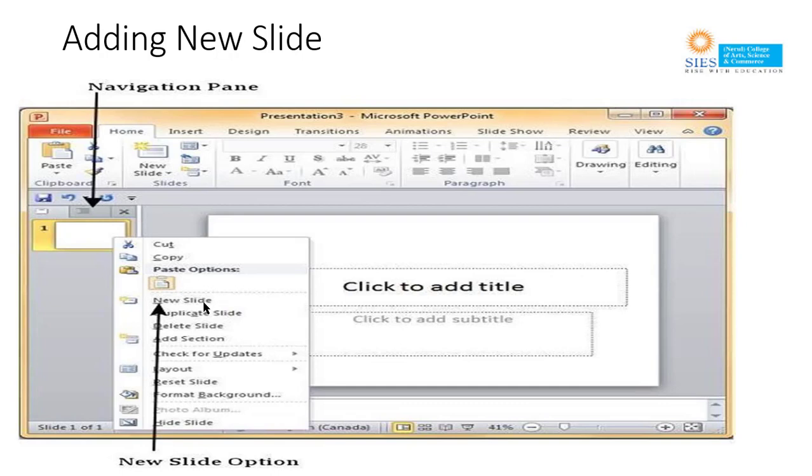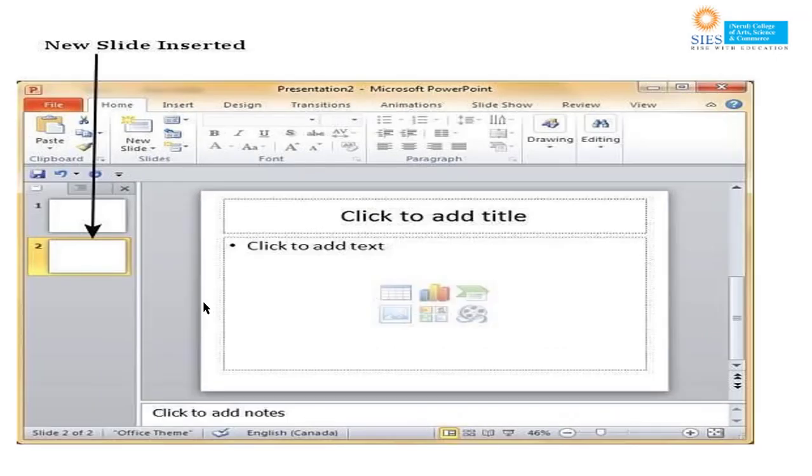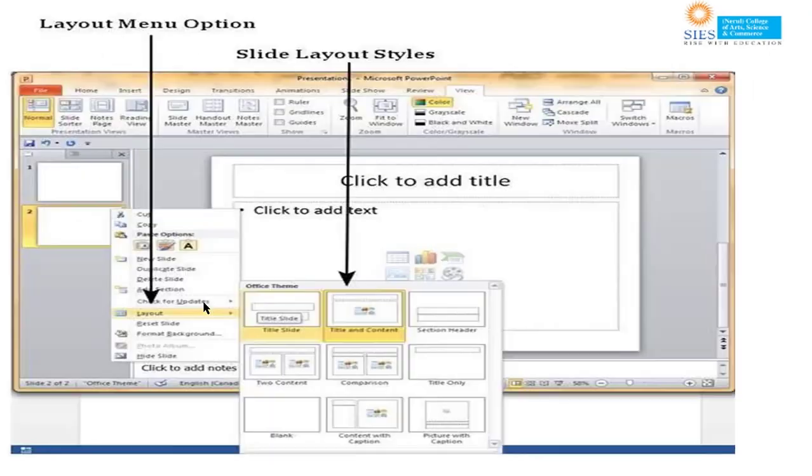You will also notice that if you right click in the first step without selecting any slide, the menu option you get is different, although you can insert a new slide from the menu too. Okay, next is, so this is how a new slide gets inserted, and here you will get slide layout styles.